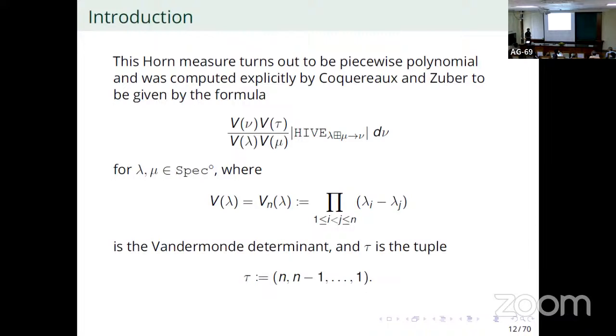Yeah. So basically, you first create a hive with sides lambda, mu, and nu. That makes a polytope. You take its volume and No. So that hive that you construct is one point in the hive polytope. Right. Is that what you meant? So you get a concave surface. With that concave surface, you should think of it as a point in the hive polytope. But nu is a particular point in that polytope.